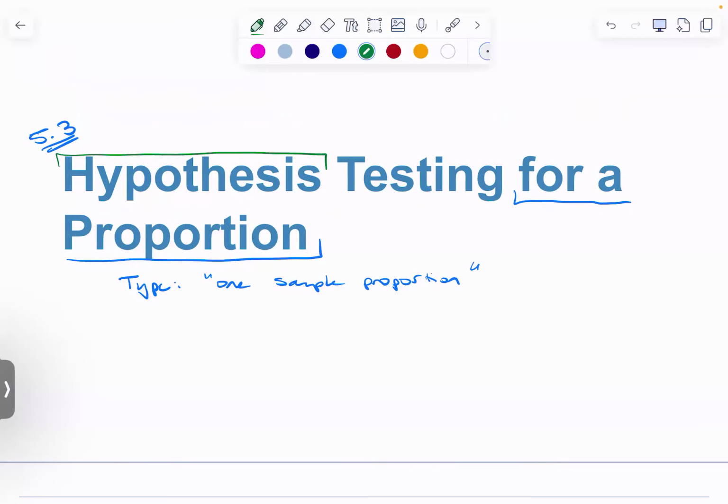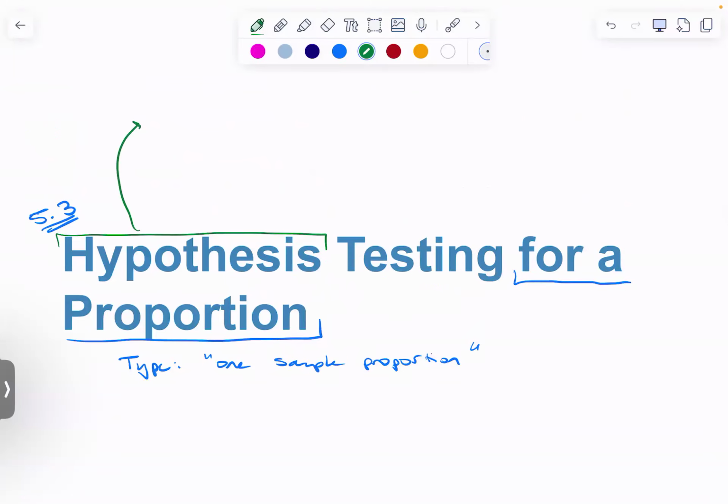So a hypothesis is an idea or a theory about the population.